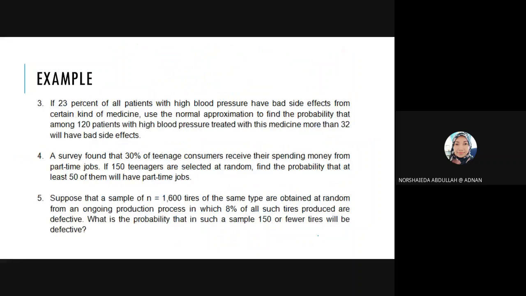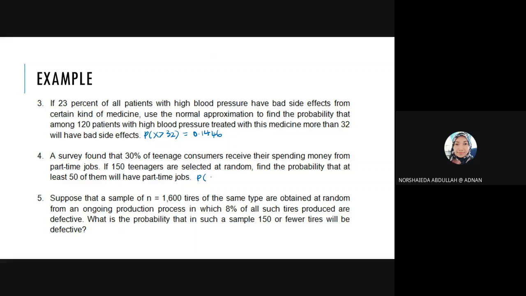Okay, so example 3, 4 and 5, we can try this out later. I will just share with you the probability values. You can try to calculate the probability later. Example 3, probability x greater than 32 equals 0.1446.